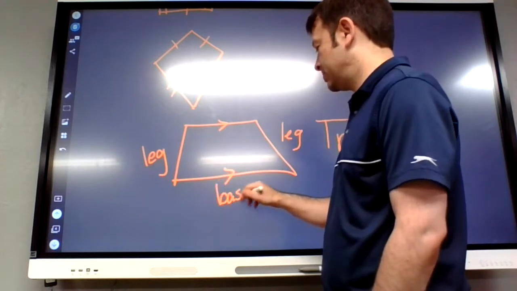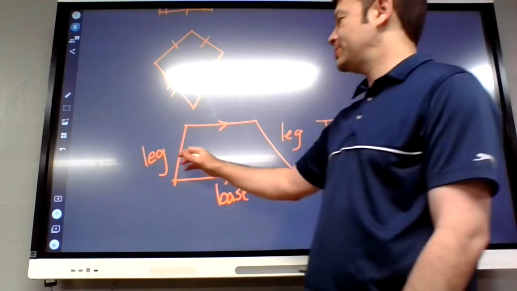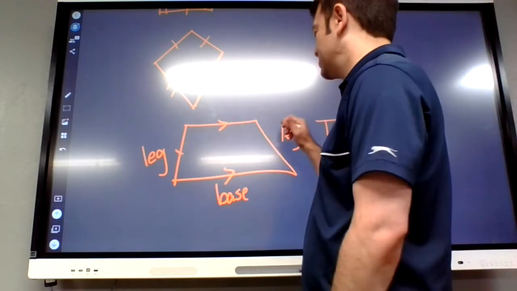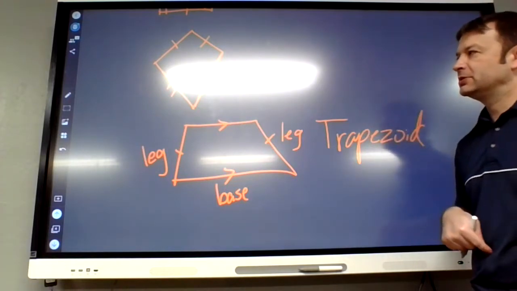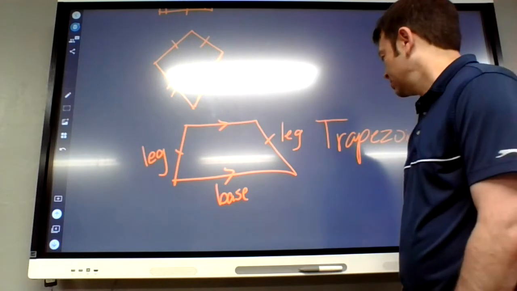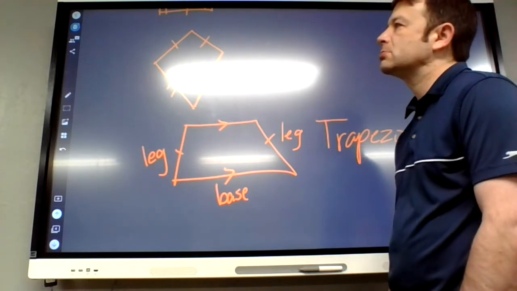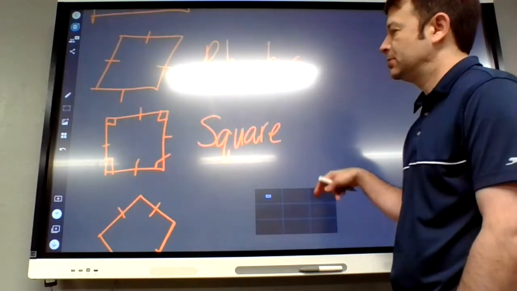Geometry recycles a lot of words. If the legs are the same, I don't know if I mentioned this, it's called an isosceles trapezoid, because isosceles means two equal sides. I feel like I'm probably forgetting something, but that's pretty much it.